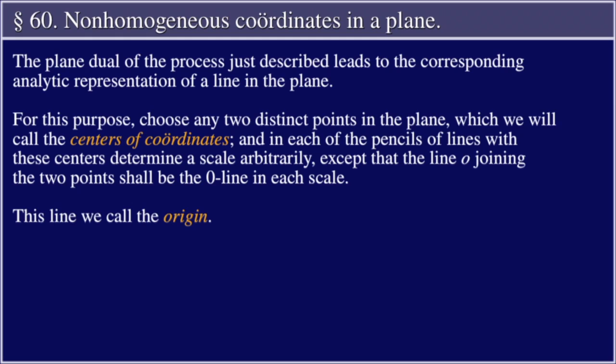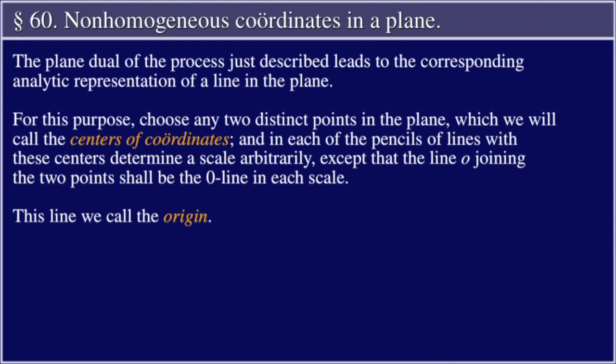The plane dual of the process just described leads to the corresponding analytic representation of a line in the plane. For this purpose, choose any two distinct points in the plane, which we call the centers of coordinates, and in each of the pencils of lines with these centers determine a scale arbitrarily, except that the line O joining the two points shall be the 0 line in each scale.